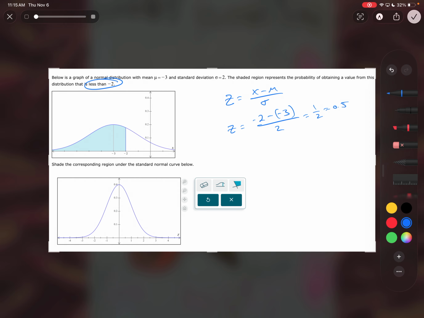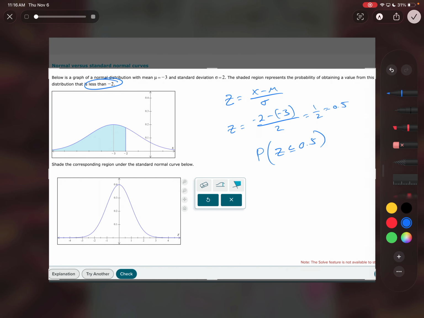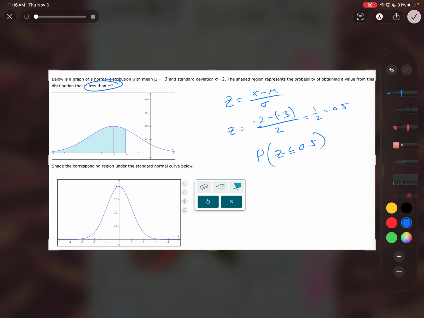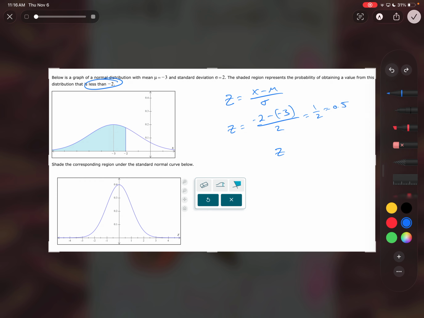So we want to find the probability that z is less than 0.5. Do you have to find it on this one? No, you just shade it. You don't even have to find it, but that is what we're finding. I'll erase that so you don't get confused. But we do want z less than 0.5.